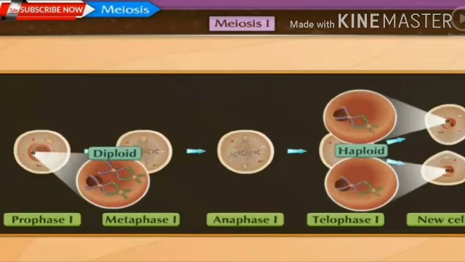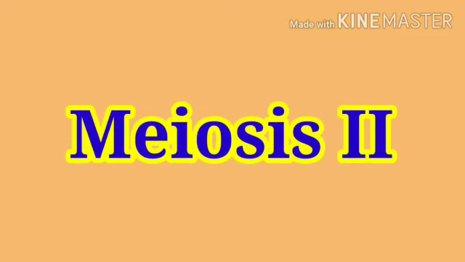Each one has n number of chromosomes, which means each cell possesses only one copy of the chromosomal pair.